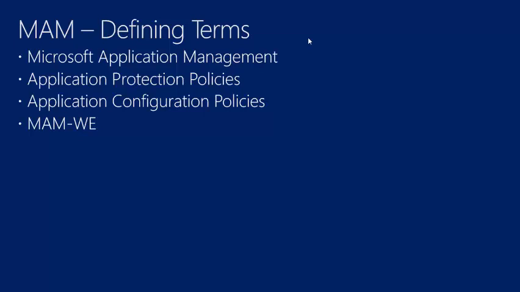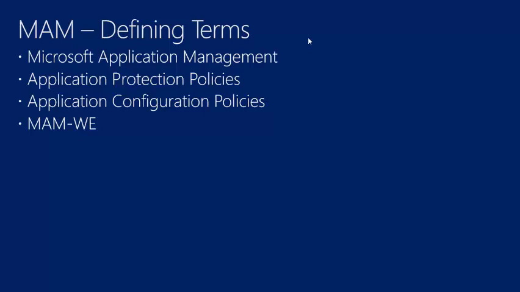So then we have application configuration policies. Application configuration policies are policies targeted to enable configuration of individual applications. So let me pause there for a minute. So MAM, Microsoft Application Management, is the umbrella term that describes all of what you can do through application protection policies and application configuration policies.